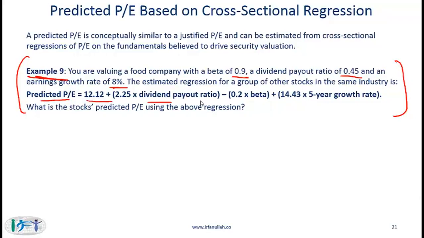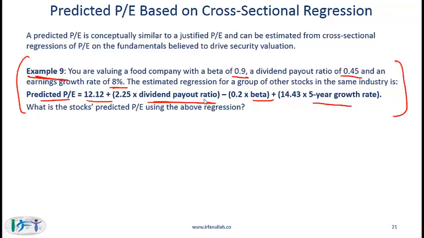So just imagine that some researcher has done the following for you. They have taken a bunch of comparable companies, peer companies, and run a regression that looks at what the predicted PE is based on certain fundamental factors. They run the regression and they give you this particular regression equation.